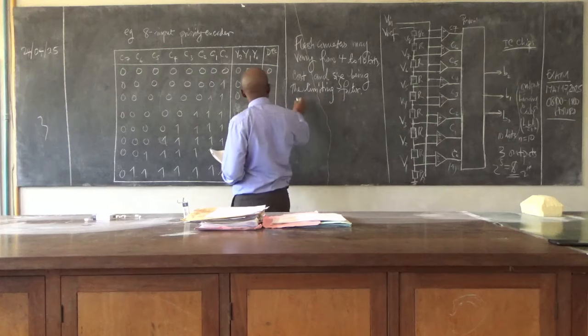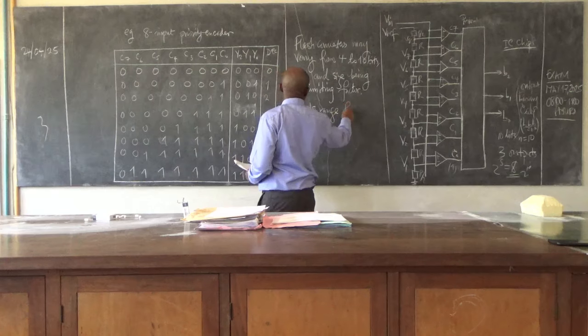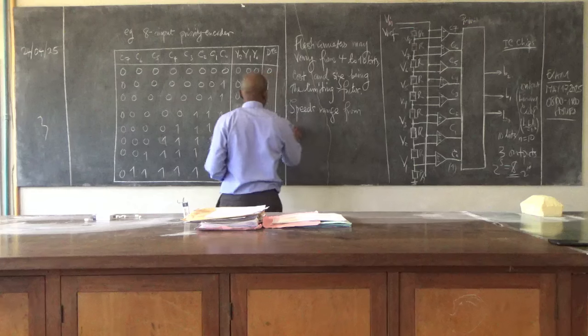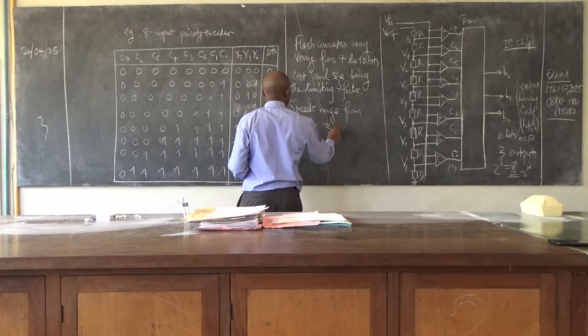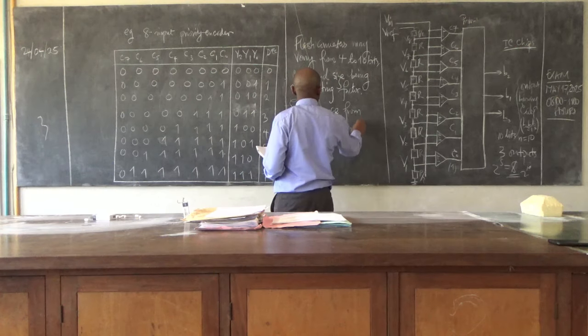So the speeds range from about 15 to about 300 megasamples per second.